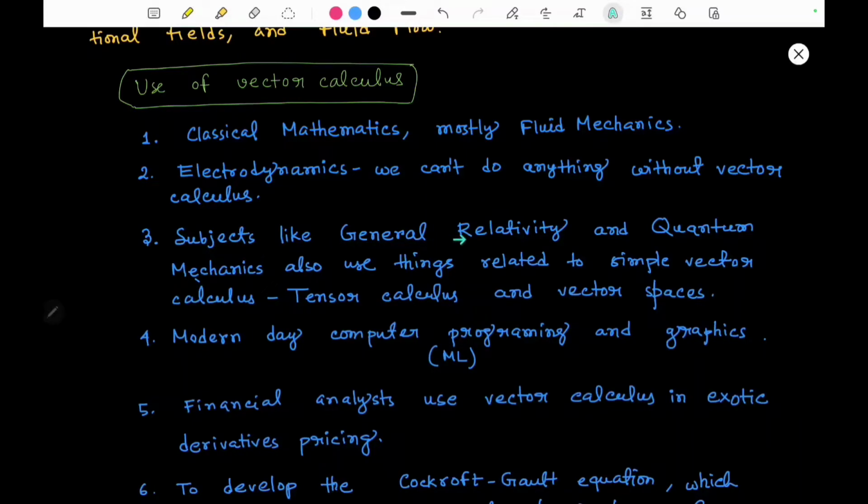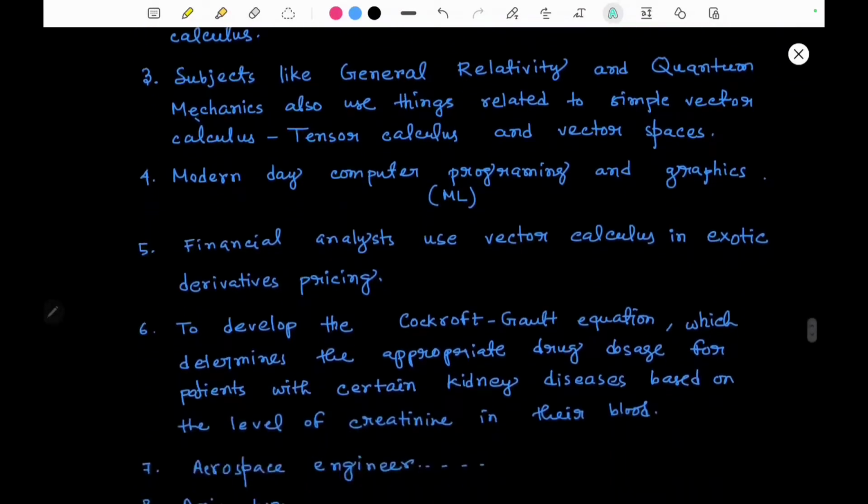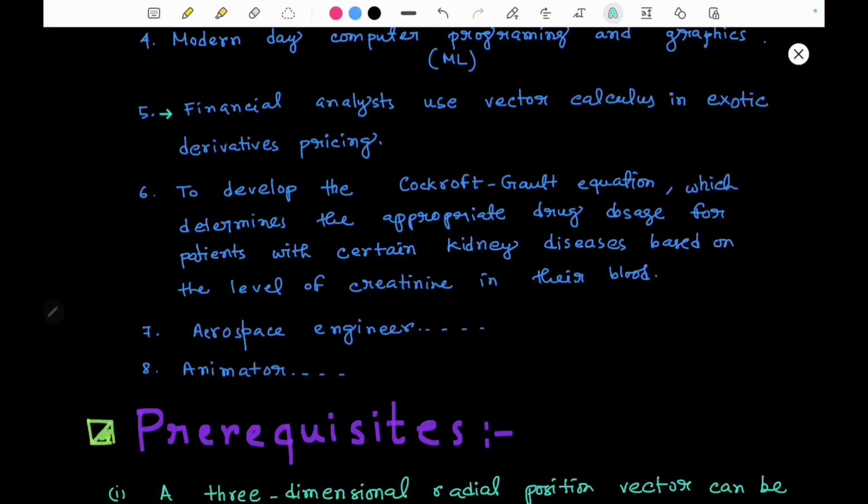Subjects like general relativity and quantum mechanics also use things related to simple vector calculus, tensor calculus, and vector space. In modern day computer programming and graphics, vector calculus is also used. Point 5: financial analysts use vector calculus in exotic derivative pricing.